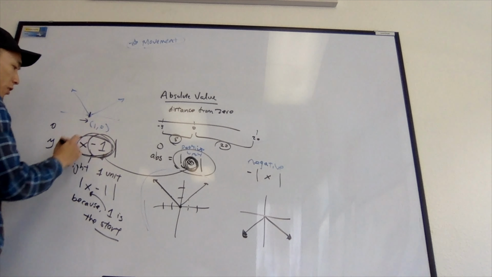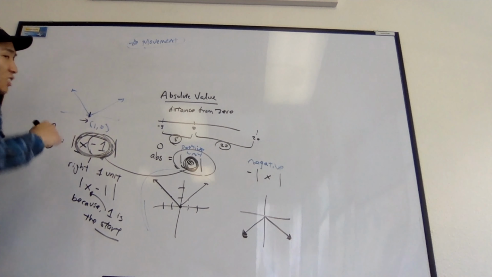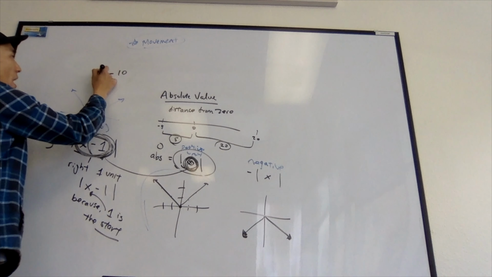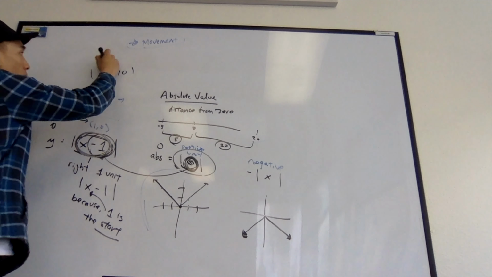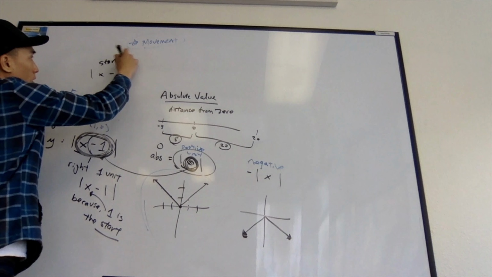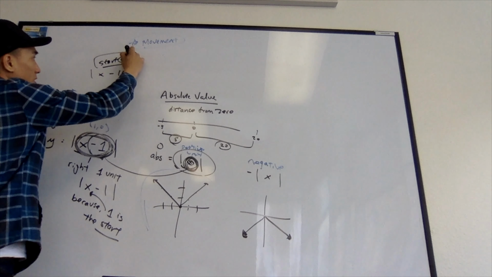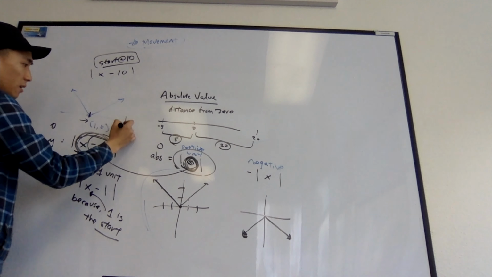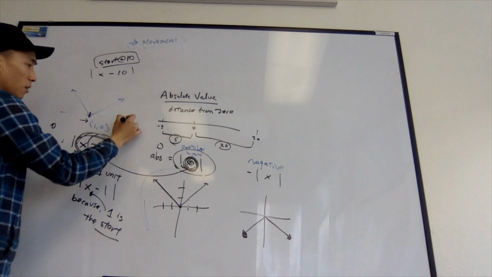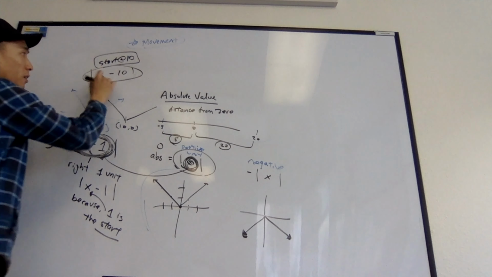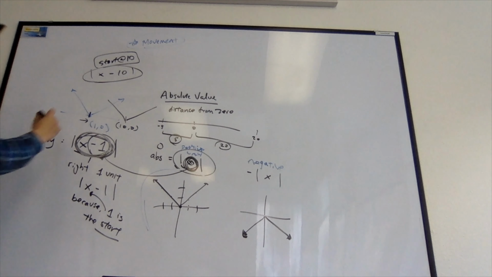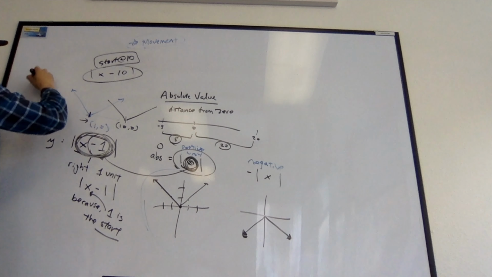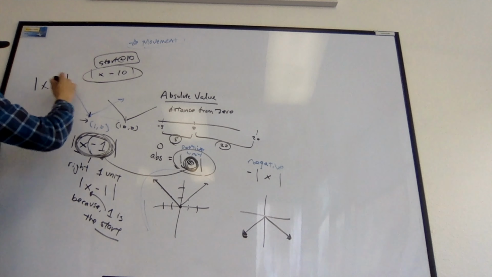We shifted it to 1 by making it x minus 1. If I wanted to start at 10, I would do x minus 10. Does that make sense? So if I wanted this to be at 10, this would be it. If I want it to be negative 8 here, what would I do? Add. Very good.